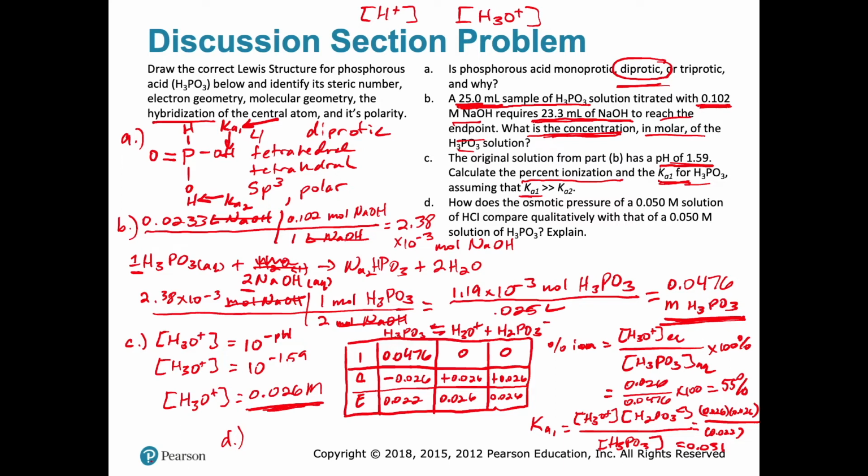Does that make sense? Because the more protons you have in solution that are actually dissolved in the water, the higher the osmotic pressure. And in this case, for hydrochloric acid, it's going to be 100% versus the 55% there. Okay.